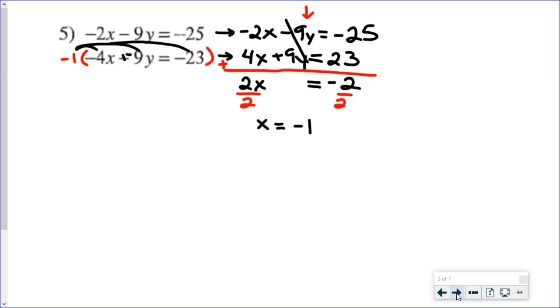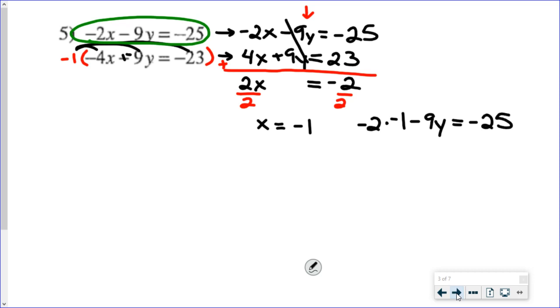Now I go back to either one of my original equations and I put in a negative 1 for x. So I'm going to choose the top one just because I can see it. Okay, so x is negative 1. So it's negative 2 times x, which is negative 1, minus 9y equals negative 25. Now I solve. This gives me a 2 minus 9y equals negative 25.